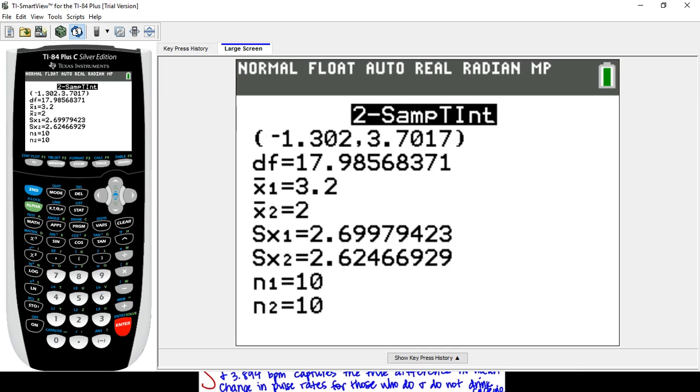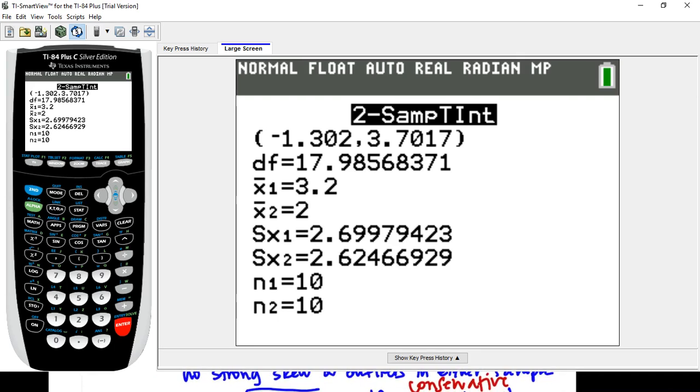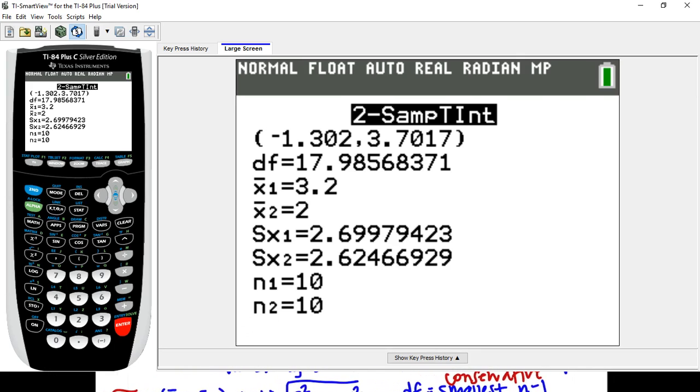So notice we have the mean change already listed in the table, which is really helpful because that helps us see that we didn't make any typos. 3.2 and 2 are the same as they told us. And then we have our standard deviations, 2.6, 2.7 and 2.625, and our two sample sizes. Now notice the DF is 17.986.